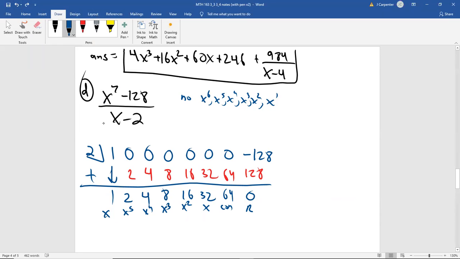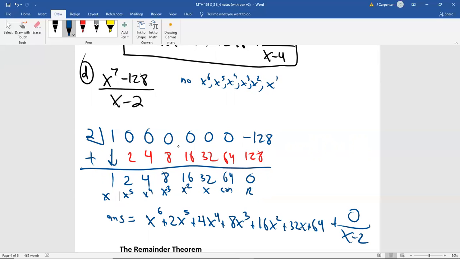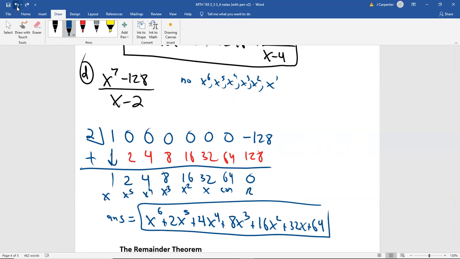So that says that our answer is 1x to the 6th, I don't know why I said squared, please forgive me, plus 2x to the 5th, plus 4x to the 4th, plus 8x to the 3rd, plus 16x squared, plus 32x, plus 64. There is no remainder, so I don't need to write plus 0 over x minus 2. That's just 0, so we just leave it off. That's our answer. There is no fractional part.